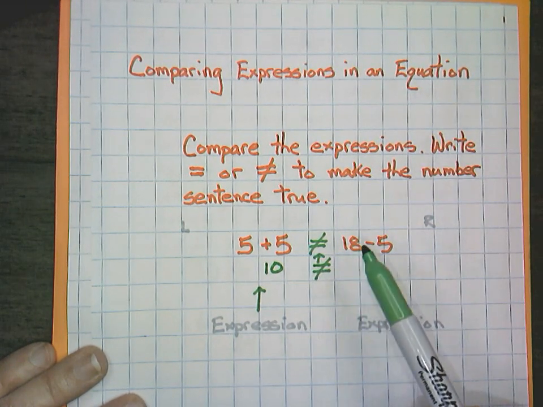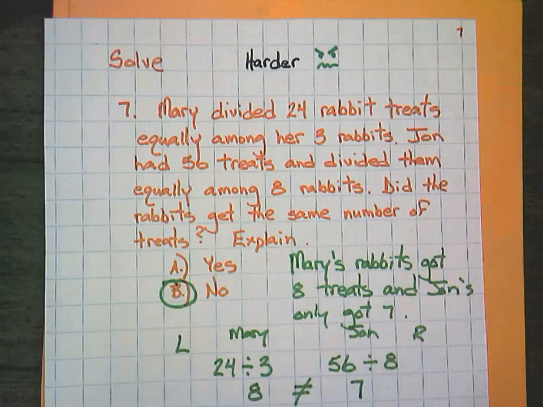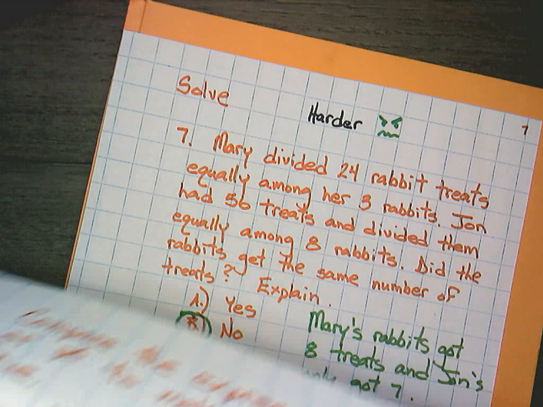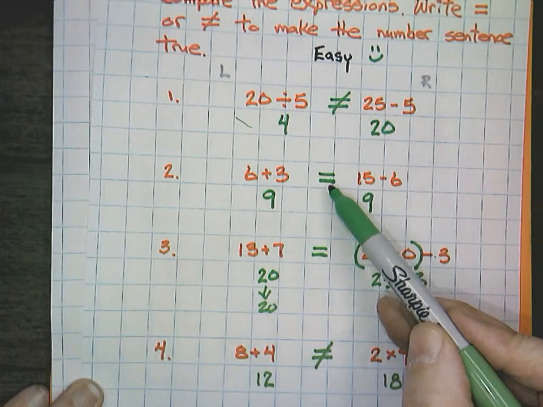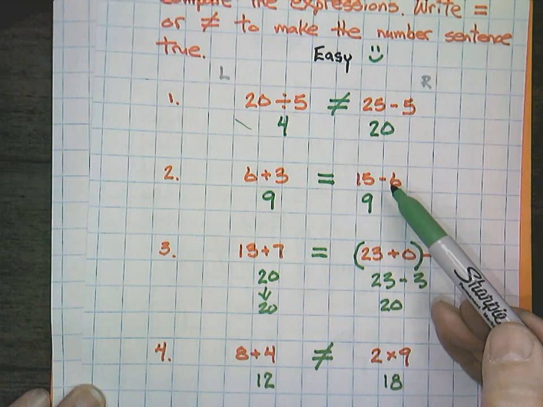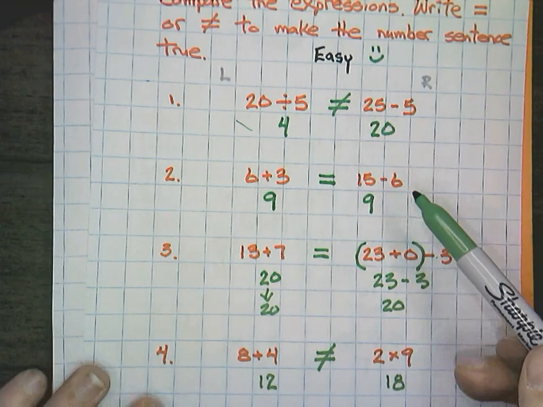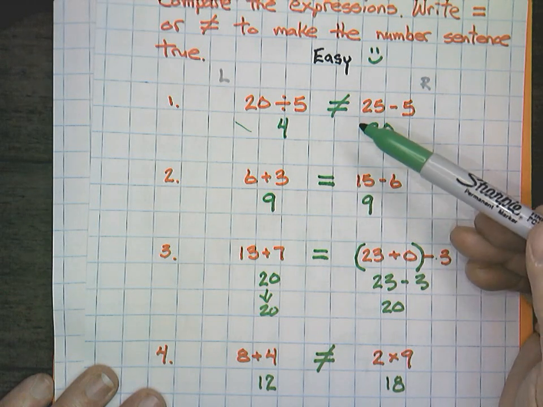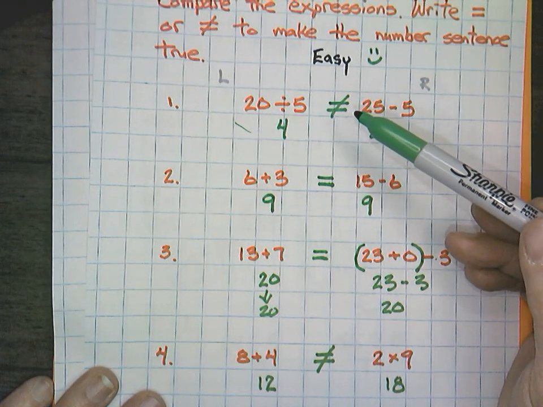An equation is when you have an equal symbol, which we just showed. Here are some examples of equations, when whatever is on the left side is equal to what is on the right side. And for today's lesson, we had two outcomes. You could be equal using the equal symbol or not equal using the not equal symbol.